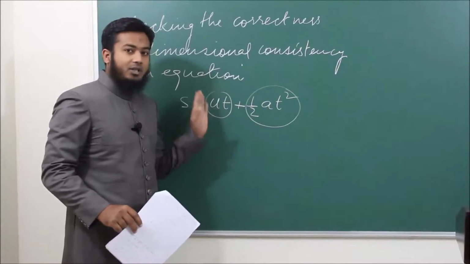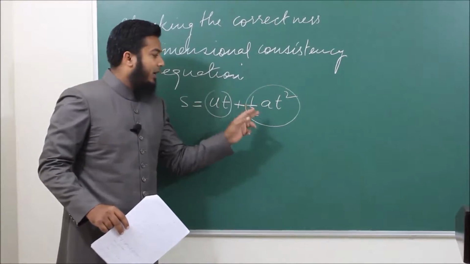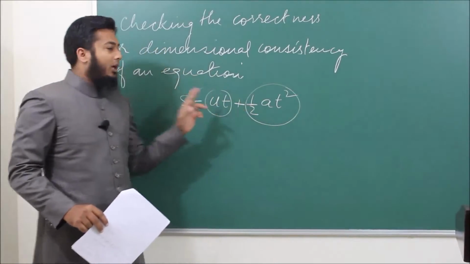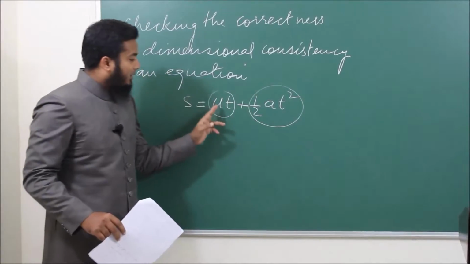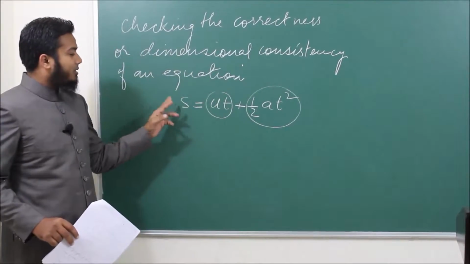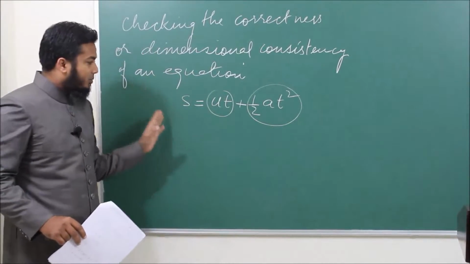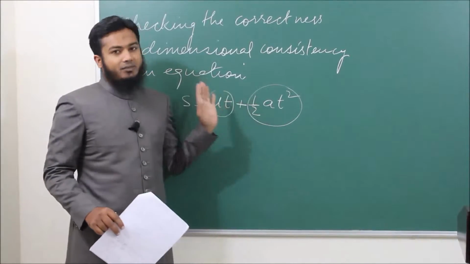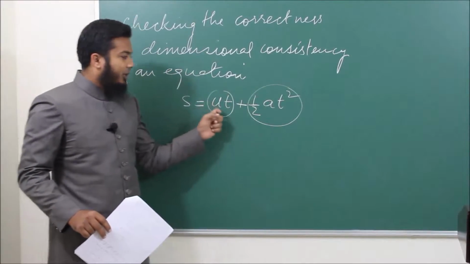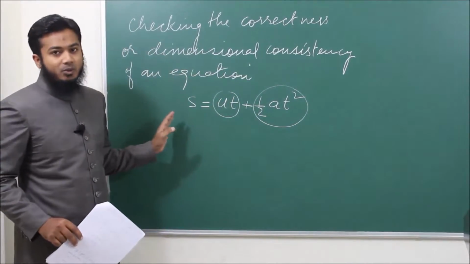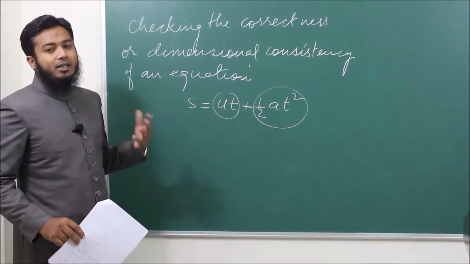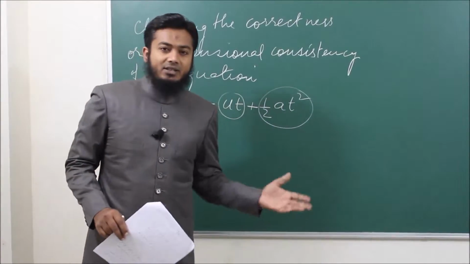They should represent the same dimensional quantity. And we are comparing both with S. So the dimension of S must be the same as that of ut and half at square. S की dimensions, ut की dimensions और half at square की dimensions, ये सारी dimensions same होनी चाहिए. If it is not so, then the equation is dimensionally inconsistent.